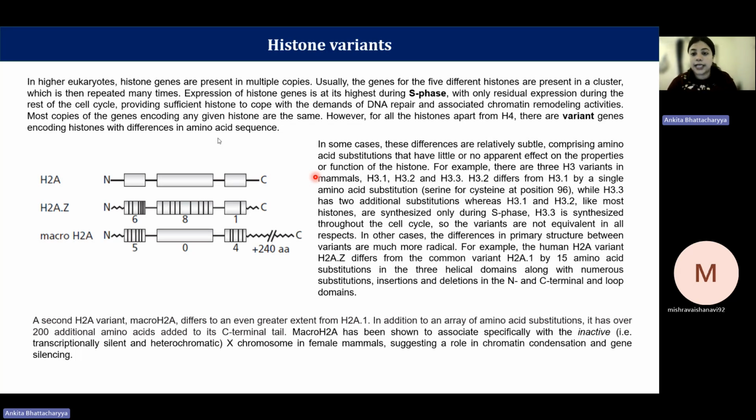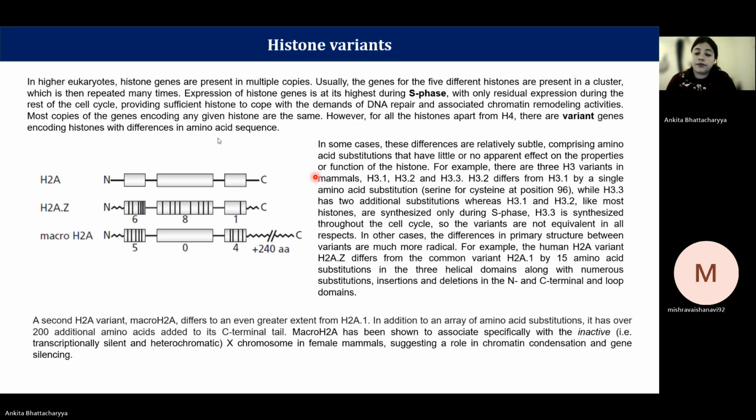Serine carries the OH group, while cysteine carries the sulfhydryl group. And if there's another cysteine present somewhere, they can undergo oxidation and form disulfide bridges, so that can affect the protein folding and the protein structure. So these are some variants which can have significant differences from the canonical histones.